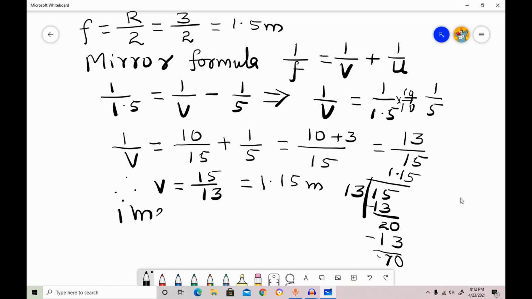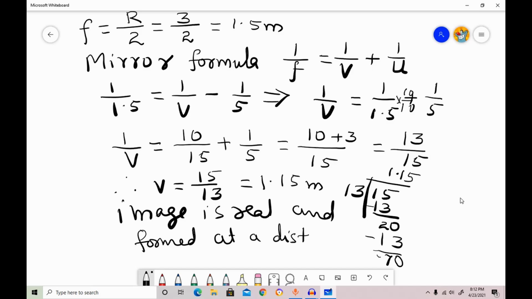Image is real and formed at a distance of 1.15 meter behind it. So this is the nature of the image.